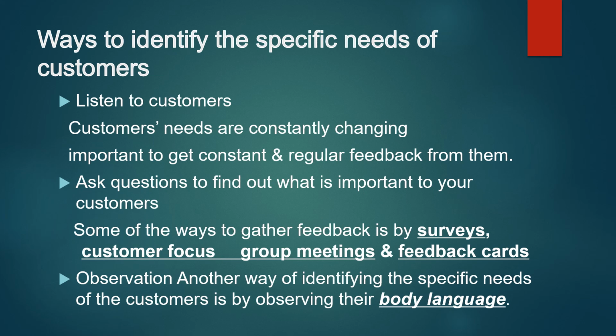Some of the ways to gather feedback are surveys, customer focus group meetings, and feedback cards. And lastly, observation. This is another way of identifying the specific needs of the customer. This can be done by observing the body language of a guest also.